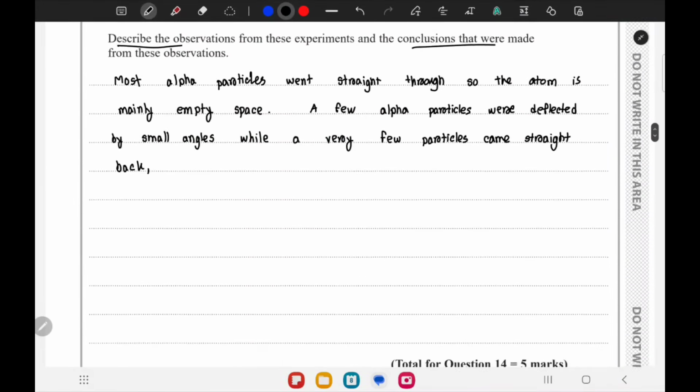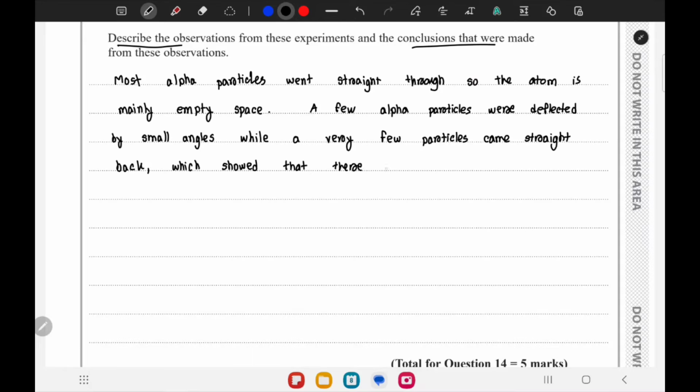So we can talk about that. This showed that there is a concentration of mass and charge.